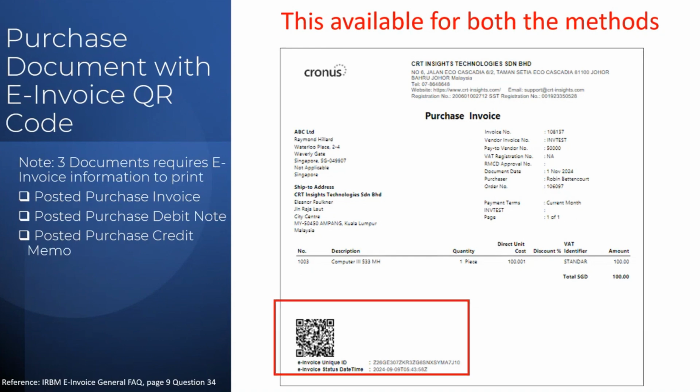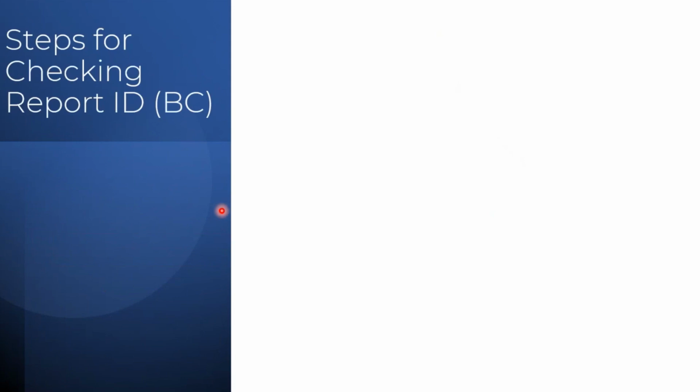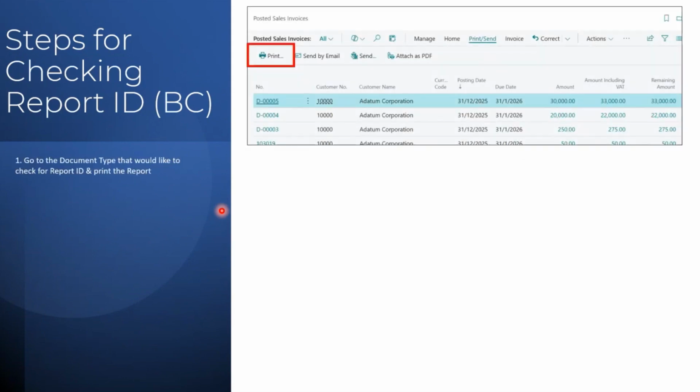Alright, just in case you would like to use your own report to add in the QR code and you are not sure how to tell us, these are the steps. For BC, you will need to go to the document that you would like to add the QR code for. I'm taking the posted sales invoice as the example.